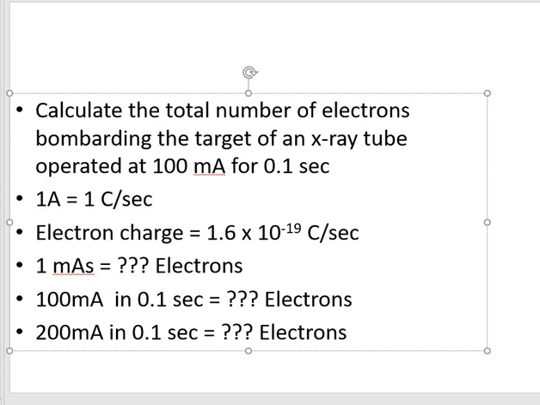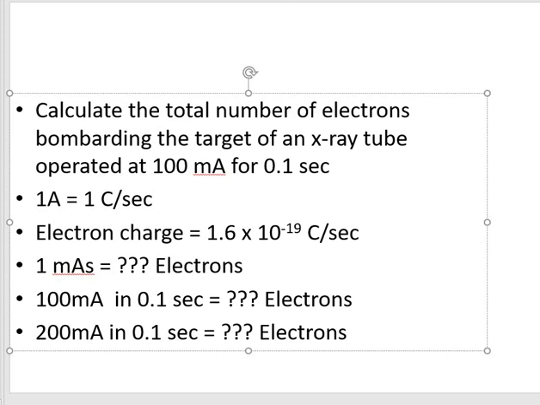So what is the number of electrons in 1 mAs? 1 mAs is equivalent to 10 mA times 0.1 seconds, for example.